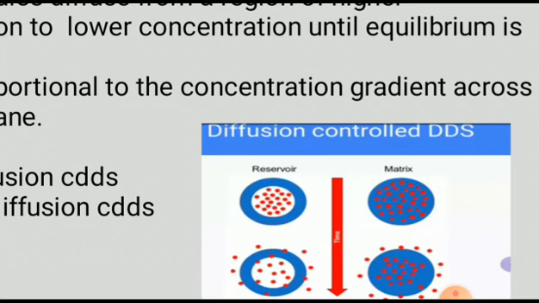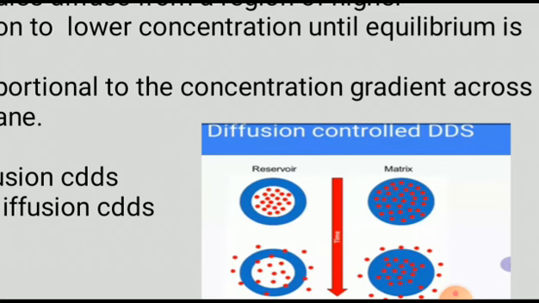In the reservoir system, the outside blue color is the polymeric rate controlling membrane. A polymer coat is there, and inside, the core drug particle is present in a dissolved, soluble form. That is at time 0, before contact with the dissolution fluid.